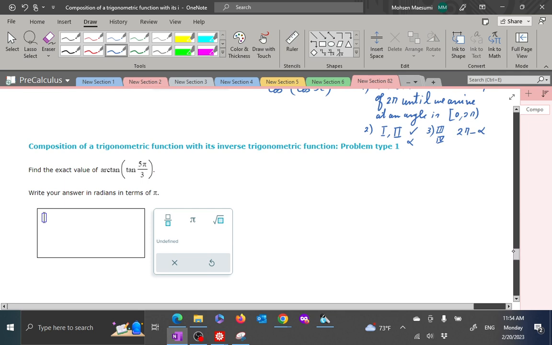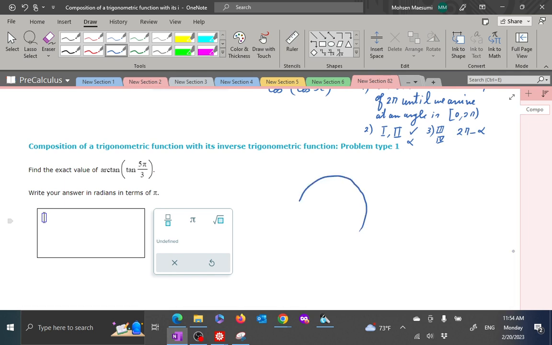Arctangent of tangent of 5π/3. So let's see, we can quickly answer this. What was the deal? If you have an angle, how do we find the tangent of it? We draw the tangent line, and whatever angle you have, you go until you cross the tangent line, and this is the tangent of this angle.